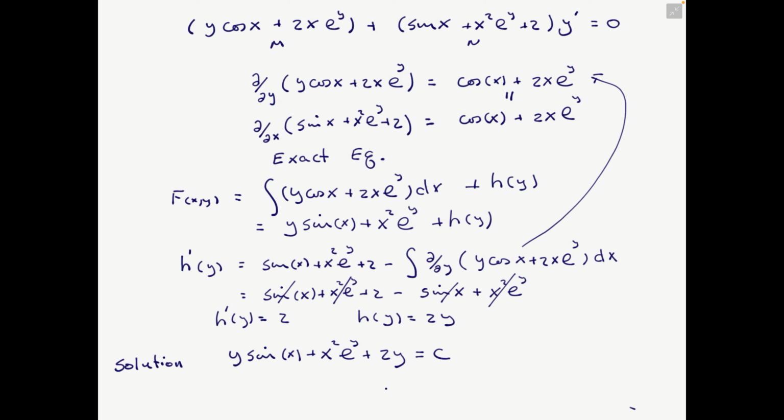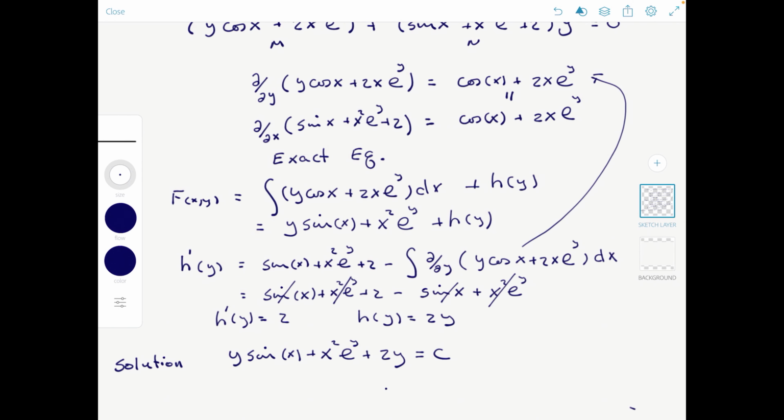And then our solution is y sine x plus x squared e to the y plus h of y, that's 2y, equals a constant.